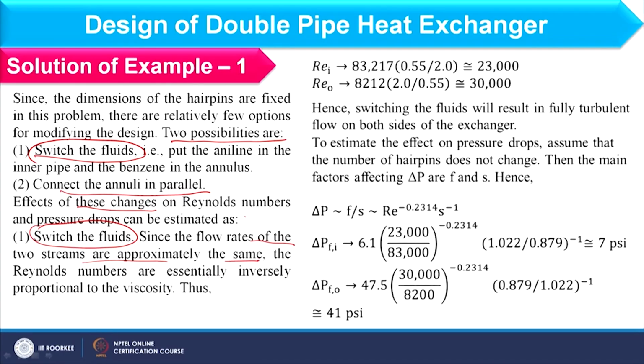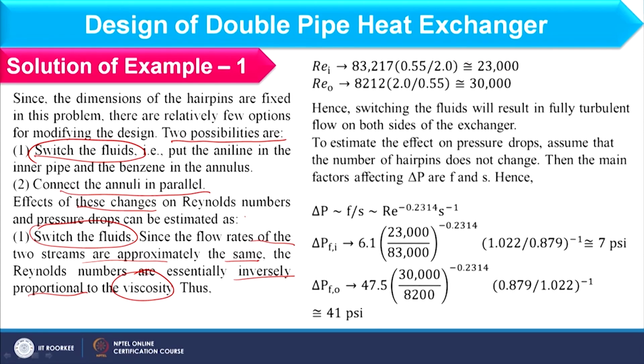So, the Reynolds number will definitely be a function of viscosity here, and that should be inversely proportional to it, fine. Considering this, we can simply switch the fluids, so that aniline is flowing in the inner pipe and benzene is flowing in the outer pipe.